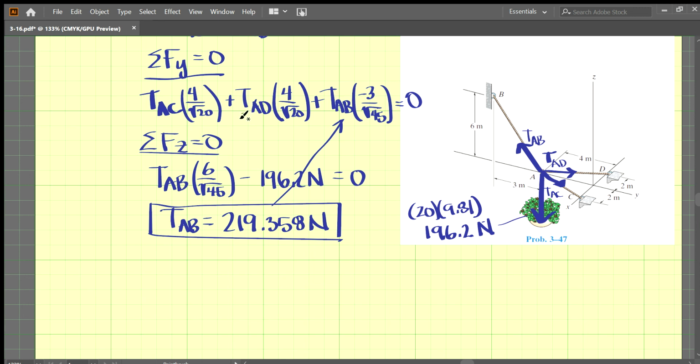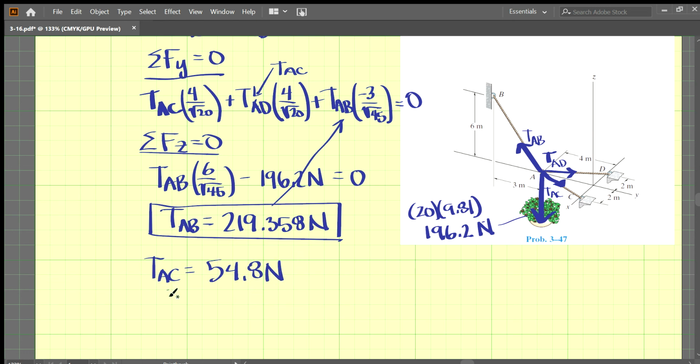So for example, we would just scrap this and put in TAC right here as well. And then we can solve for TAC, which is 54.8 newtons.